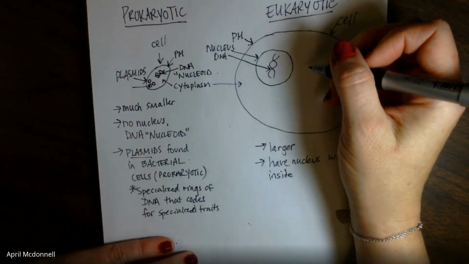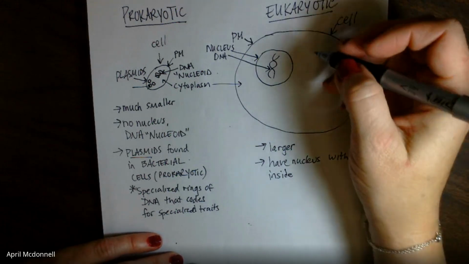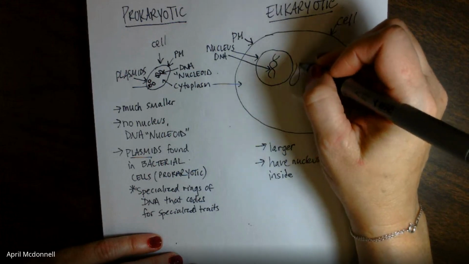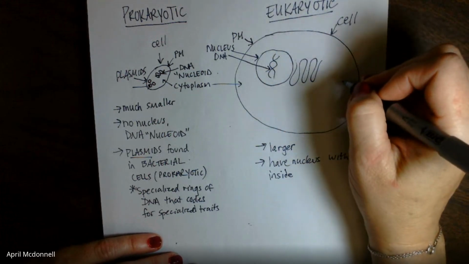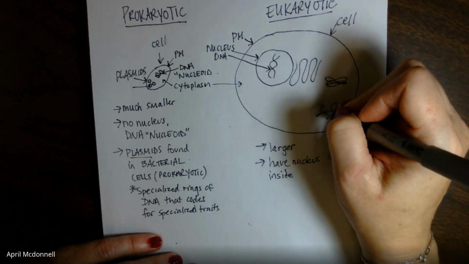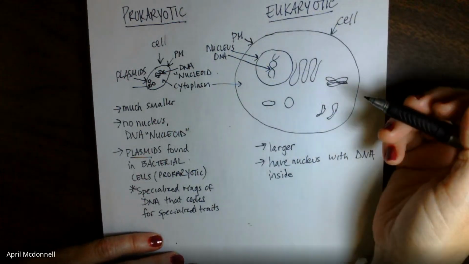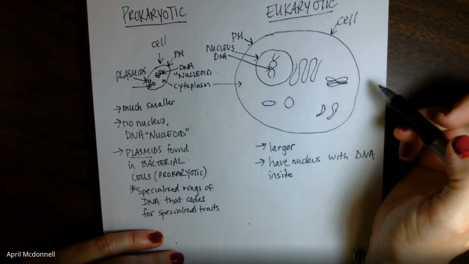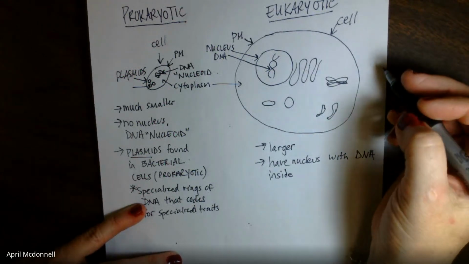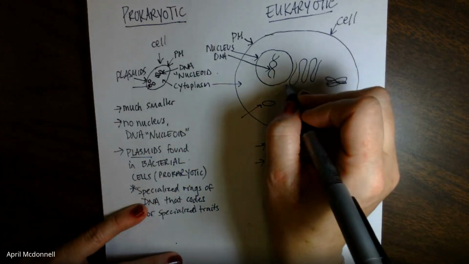Let's continue to make some drawings in our eukaryotic cell. It is a very large cell and it has a lot of structures inside of the cell. All of these weird shaped structures that I just drew inside of the eukaryotic cell are going to be called membrane-bound organelles.